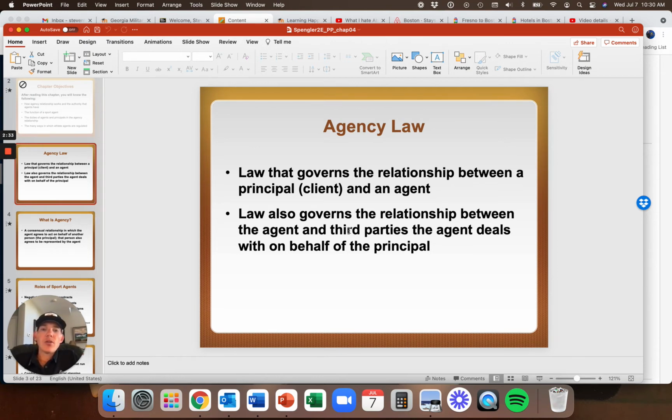This law also governs the relationship between the agent and third parties the agent deals with on behalf of the principal. So in a school setting, it would refer to the coach being the agent, and the third party being the school that's involved in providing the facilities for the athlete.